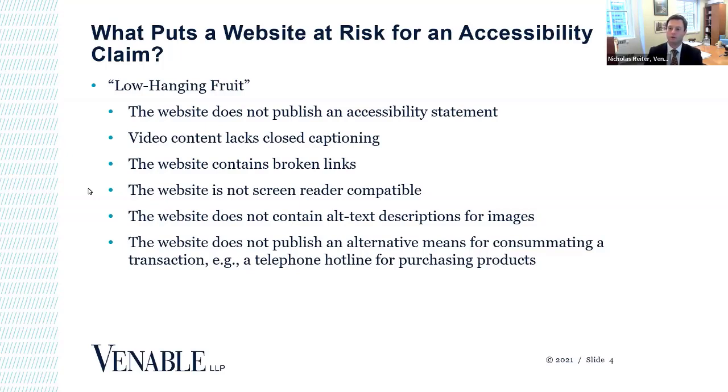If it doesn't contain alt text descriptions for images on your site, so if there's a big picture of a Doritos bag for some reason on the site, there can be code that will tell a vision impaired visitor's screen reader software, hey, this is an orange bag of Doritos. If you don't have that code, then most professional plaintiffs, or any plaintiff and their lawyer, will quickly pick up on that.